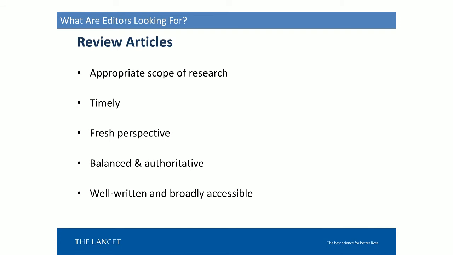Can you offer a fresh perspective on the topic that you're reviewing? We look for a balanced approach and an authoritative approach in review articles. And of course, they need to be well written. Even in a review, you're telling a story, and it needs to be accessible to as broad an audience as possible.